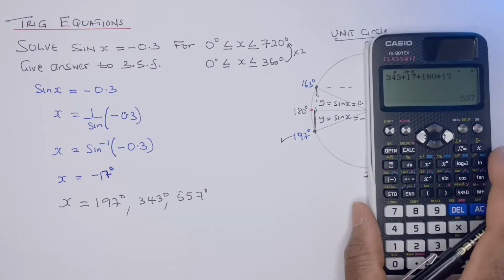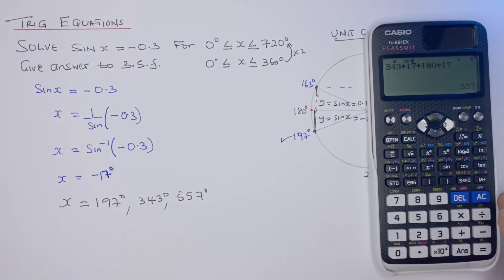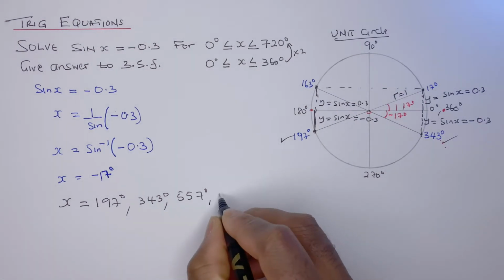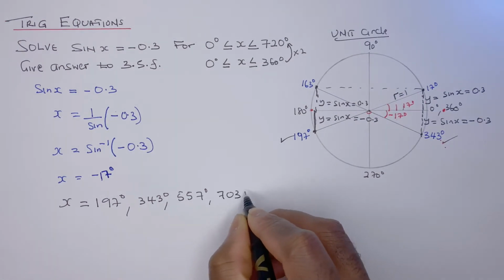So get your calculator in there nicely, right? And you go 720, that's 360 times 2, take away 17, and you get 703. So the final angle we need is 703 degrees.